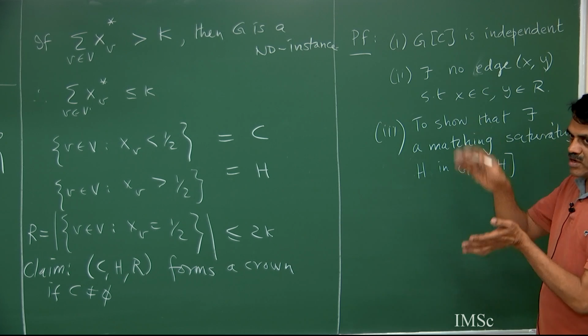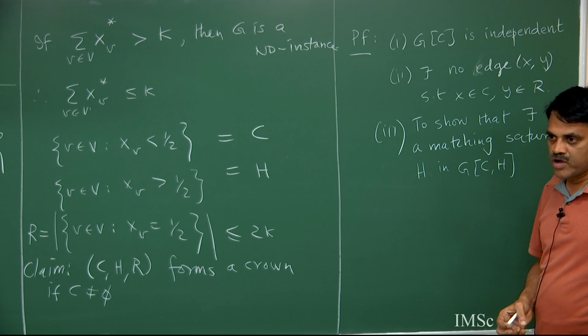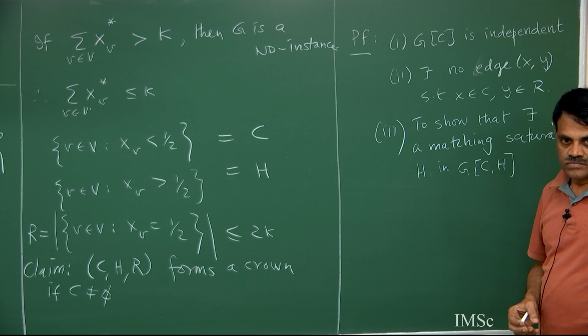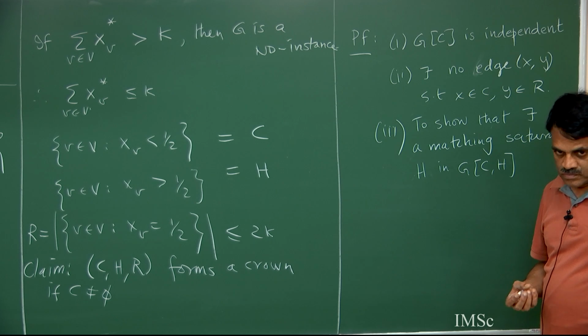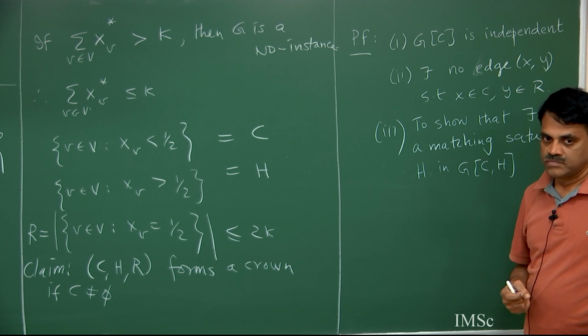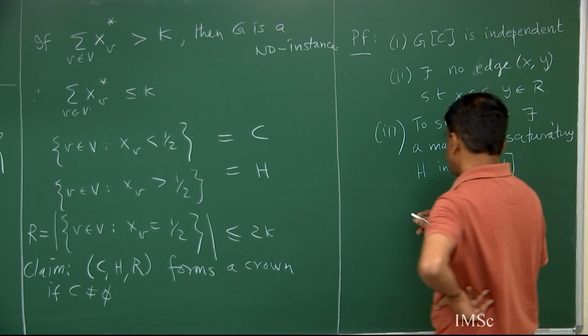I am only looking at edges across. So if I want to use Hall's theorem, what do I have to show? You have to show that for any subset of vertices in H, the union of the neighborhoods is at least the size of the subset, right?